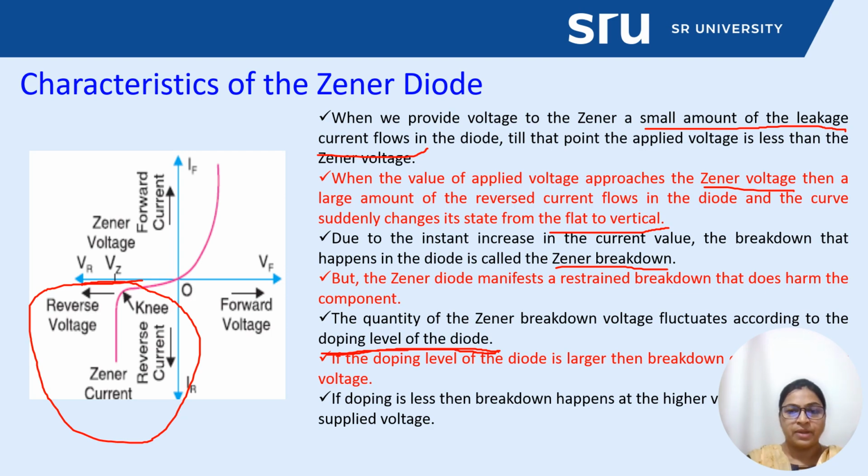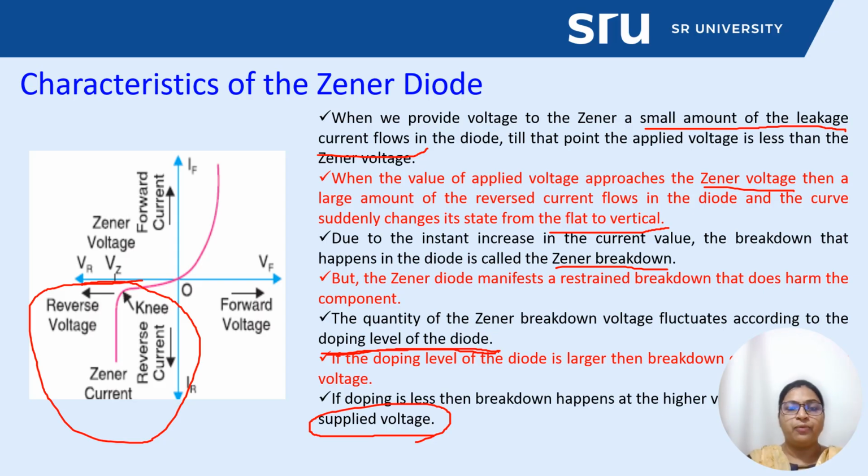So the conclusion is that doping plays a crucial role in how the diode behaves and what its breakdown voltage will be.